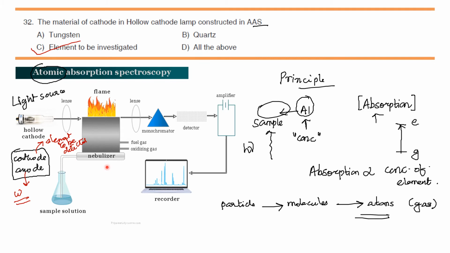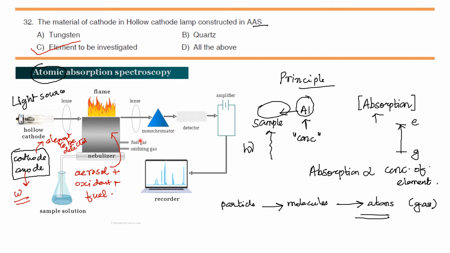And after that, the nebulizer will mix the aerosol of the sample with the oxidizer and the fuel, and it will be sent into the flame. So the nebulizer converts the sample into an aerosol, and mixes the aerosol with an oxidant as well as the fuel for heating, and it is then sent into the atomizer.